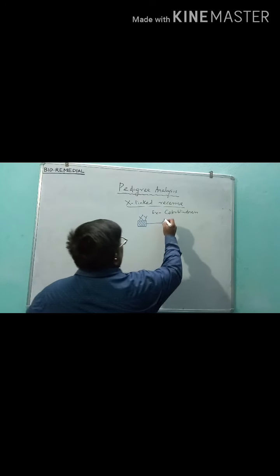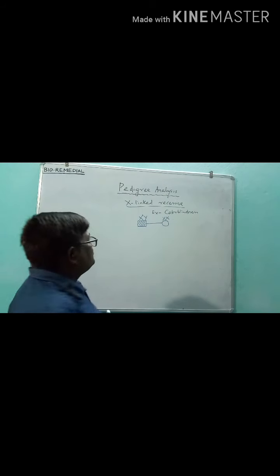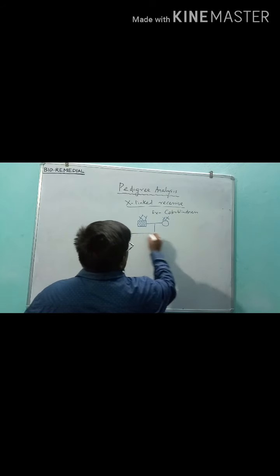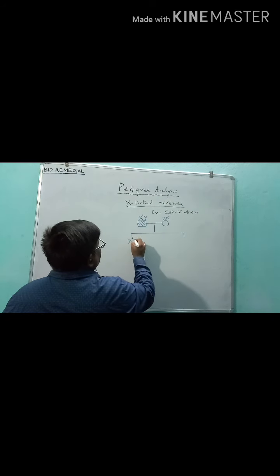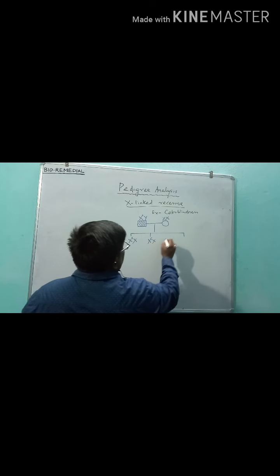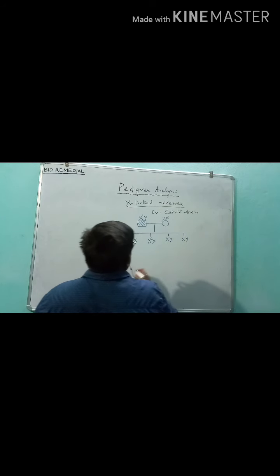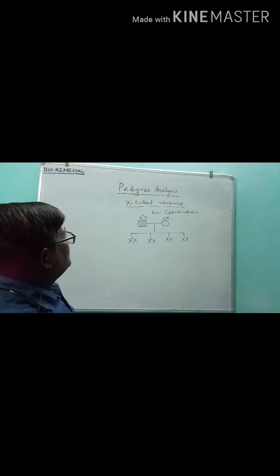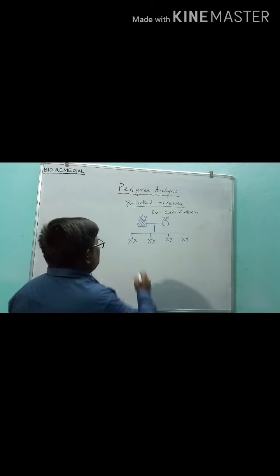Then in the female, both X chromosomes will be normal. Now in the next generation, what happens? The combination will be like X^C with X, then X^C with X, then XY, then XY. One will obviously be female.